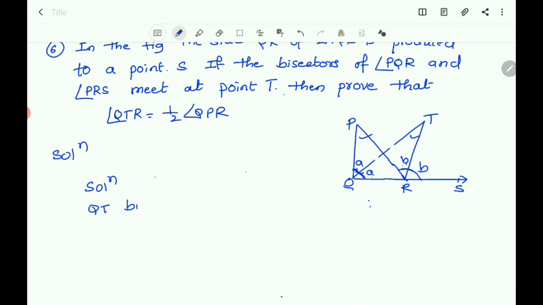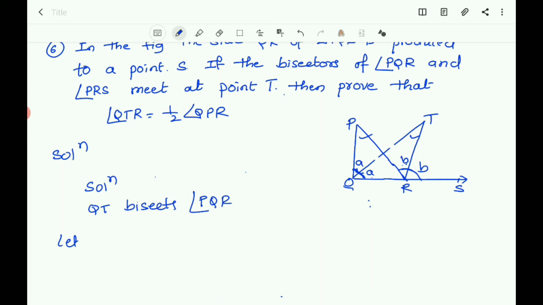QT bisects angle PQR. So let the angles made by the bisector QT be angle PQT and angle RQT.